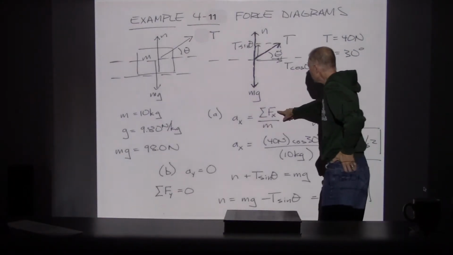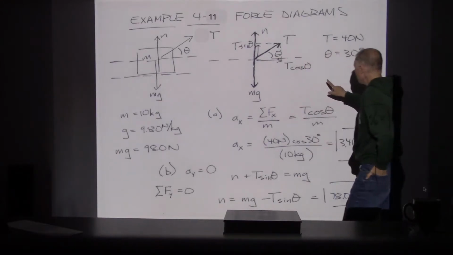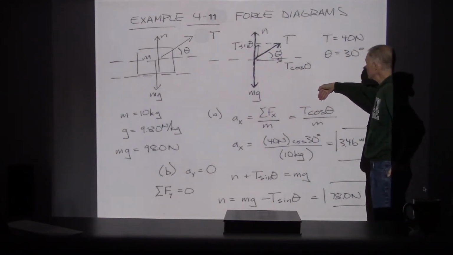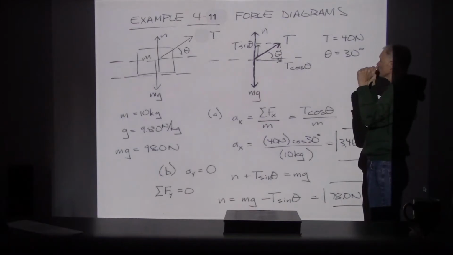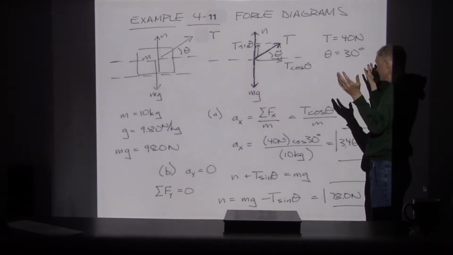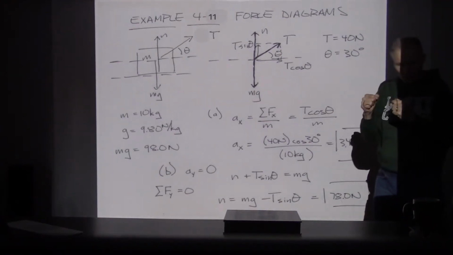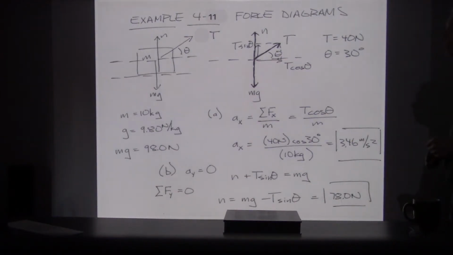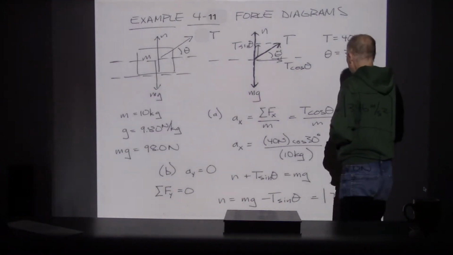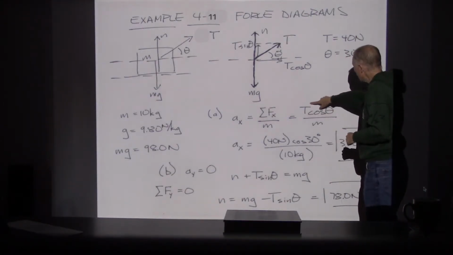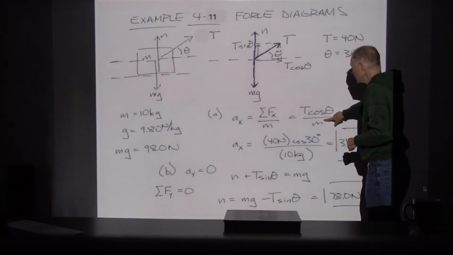So I'm looking in the x direction, adding up the forces, and the forces I have are T cosine theta in the forward direction, and that's it. So I'm pulling on this box. Apparently there's no friction at this point. So friction did not show up in our force diagram. So there is no friction. T cosine theta divided by m.